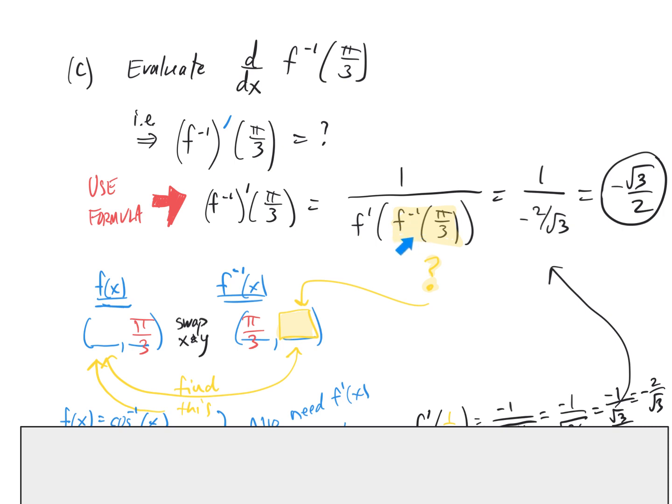So to find f inverse of pi over 3, when we compare the function and its inverse, we're looking for the output when the input is pi over 3. So we can invert these to function f, and this input becomes the output. Finding f's input, which gives us pi over 3, will find us the inverse's output.